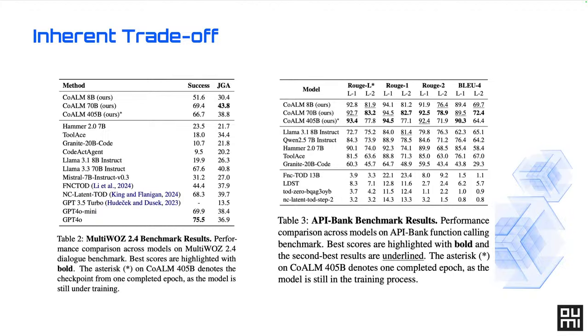So it illustrates that there's this inherent trade-off between, for example, being able to do good multi-turn dialogue or tool calling. So how are we going to fix that? This is the motivation for this piece of research.